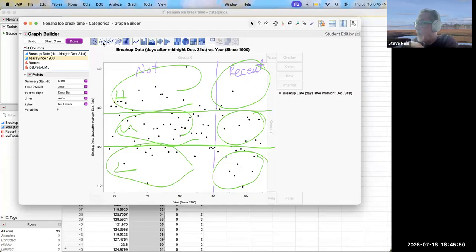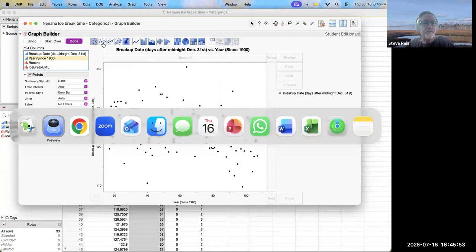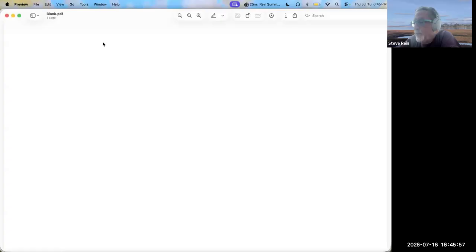So let's talk about how you could write that out. Okay. So there's recent or not. So the chance of the result being a high number of days since January 1st before ice break occurs, given that it's recent, would be equal to the chance that it's a high number of days before the ice breakup occurs, given that it's not recent.